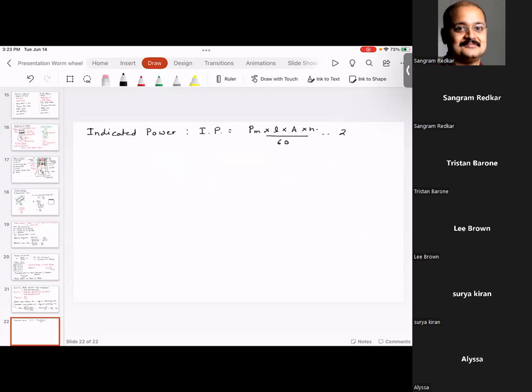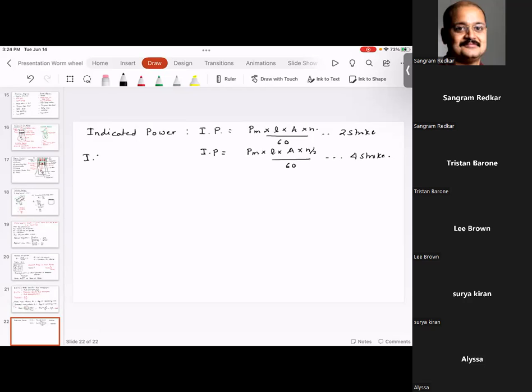This is for 2 strokes. And IP is equal to P M L A N by 2 divided by 60 for 4 strokes.